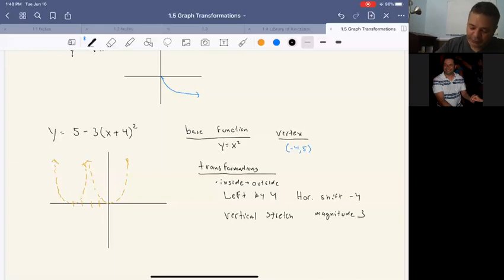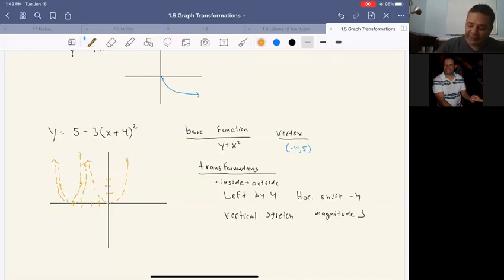Okay, so we're going to move this. So instead of having this point 1, 1, sorry, -3, 1, it'll be at -3, 3. So we've stretched it a little bit.